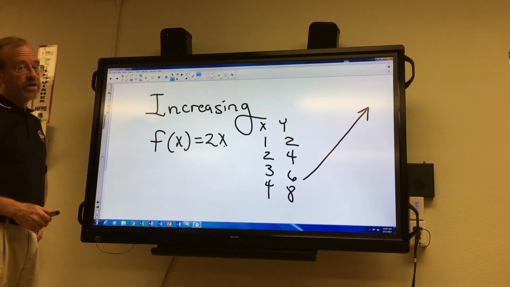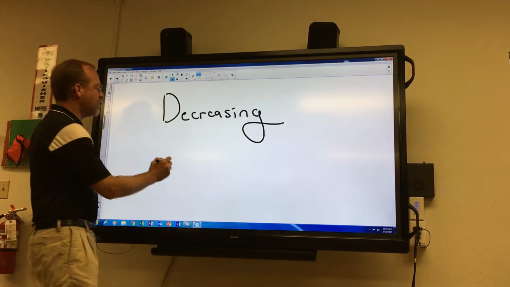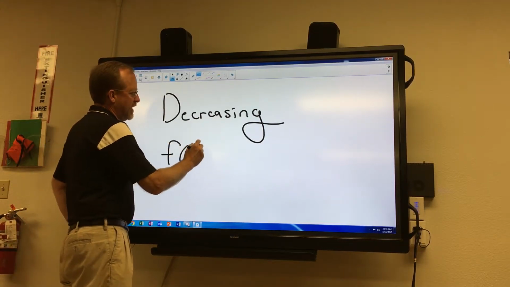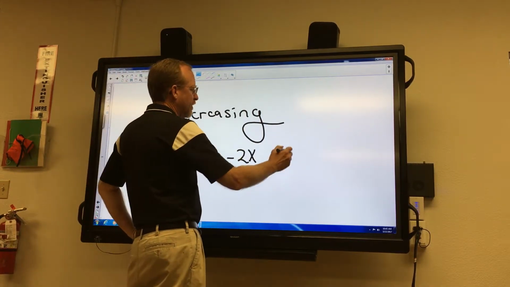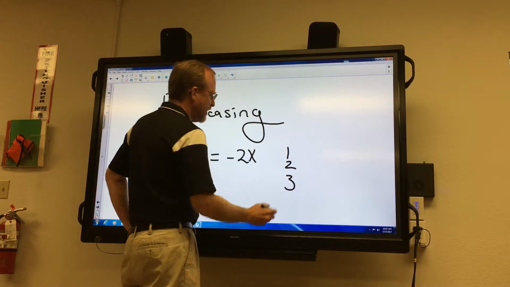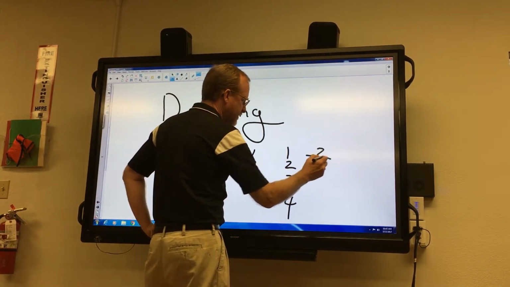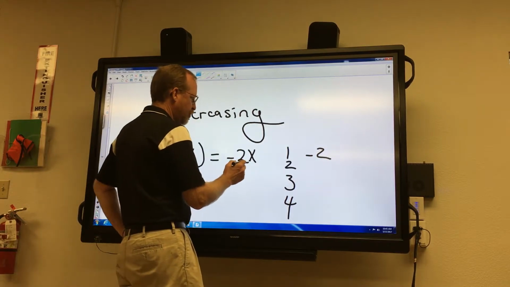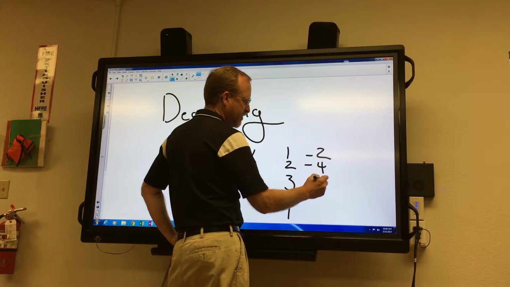Now, you can make a function decrease too, even if the numbers you're putting in are getting bigger. Let's take that same problem, only this time, let's make it negative. 1 times negative 2 is negative 2. If I put in a 2 for the x, 2 times negative 2 is negative 4.